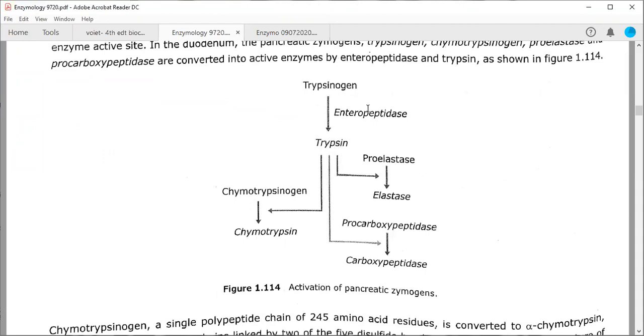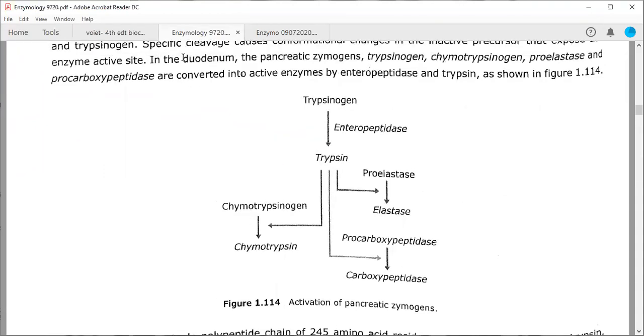So in the duodenum, the pancreatic zymogens, trypsinogen, chymotrypsinogen, proelastase and procarboxypeptidase, are converted into the active form by two enzymes, enteropeptidase and trypsin. Enteropeptidase first converts trypsinogen into trypsin. Then this trypsin converts all the inactive forms into the active form.